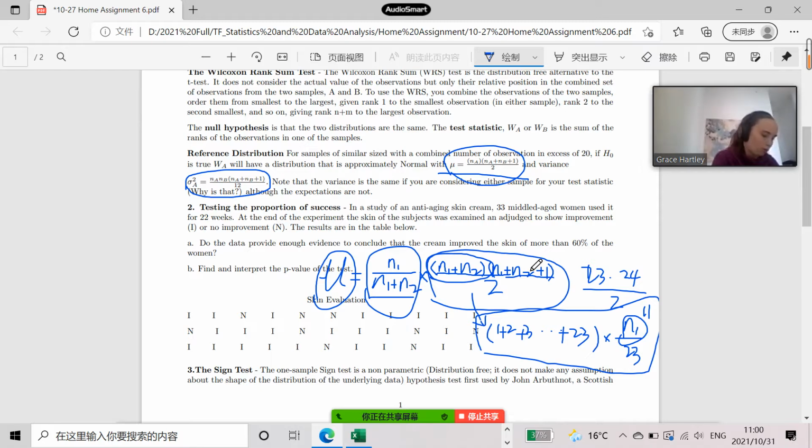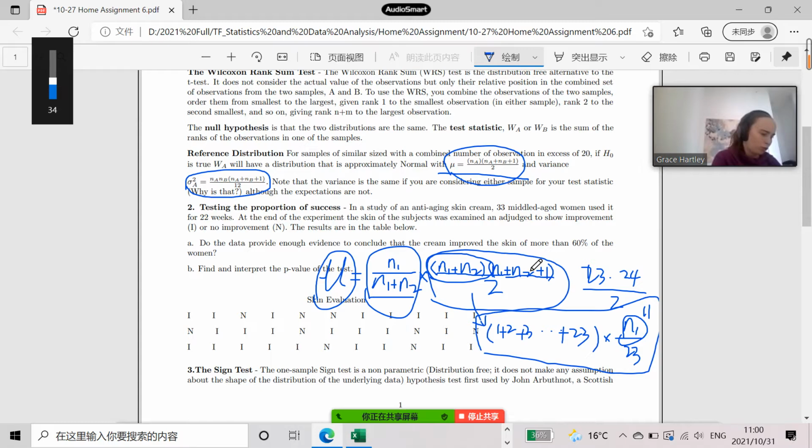Yes. 3168 divided by 12 equals 264 is the variance.